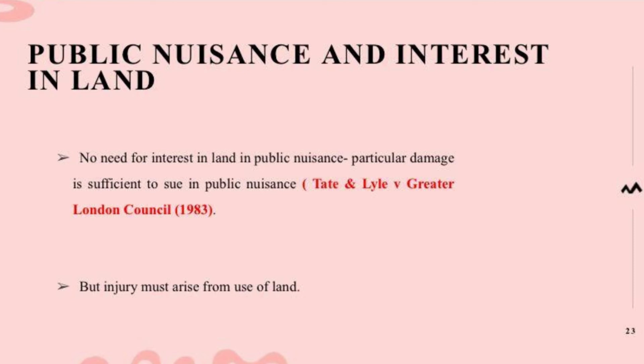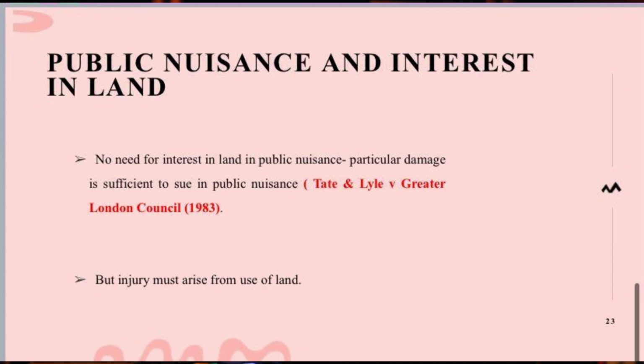Now, I said in private nuisance, parties must have interest in land, both the plaintiff and the defendant, a legal interest. Either you are the owner or the occupier of that land, or any of the two lands that are in contemplation. In public nuisance, you may not, as a plaintiff, be the owner or occupier of a land, but the injury that has been suffered must arise from the use of land, because nuisance is about land rights.